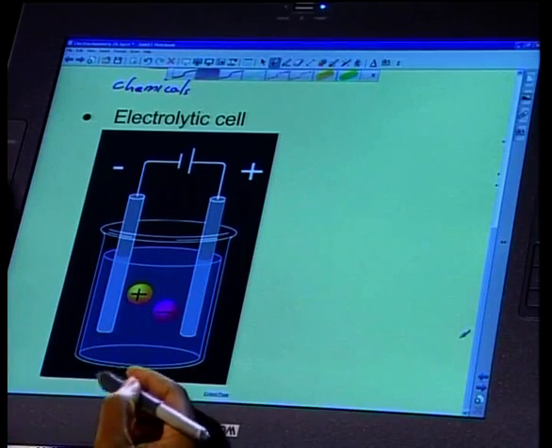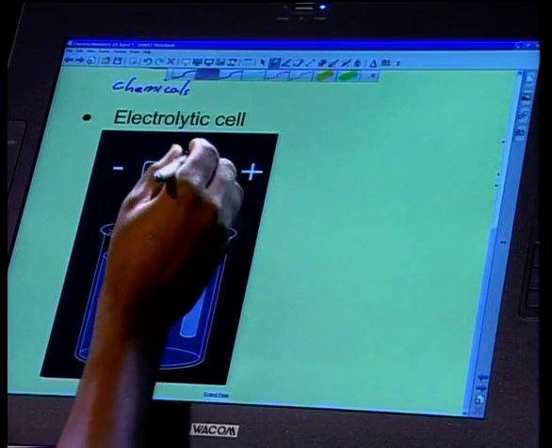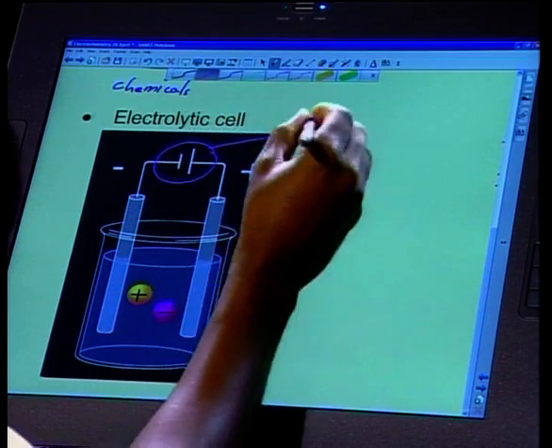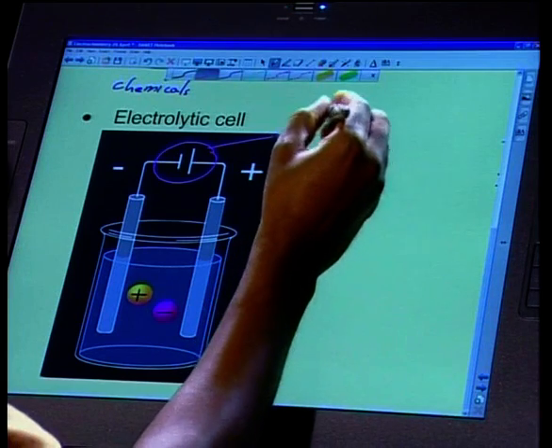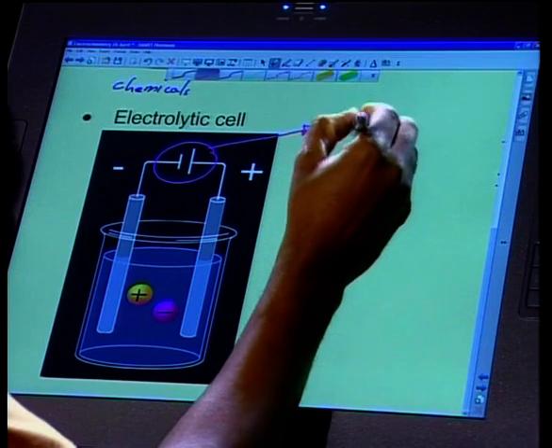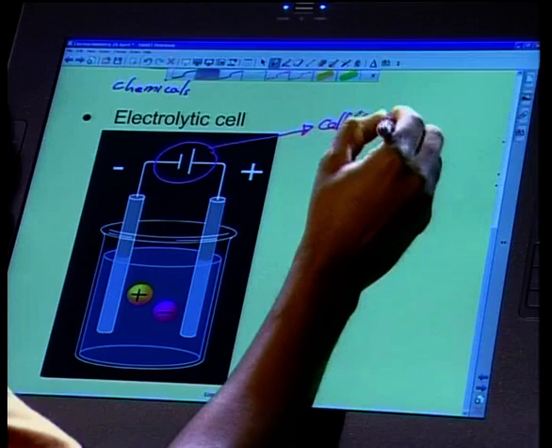Now let's have a look at the electrolytic cell. Okay, now there is an electrolytic cell. Look at the difference now. Instead of a voltmeter or galvanometer there, what do you see? What do we have there? We have got a cell, and it could be, of course, a battery.